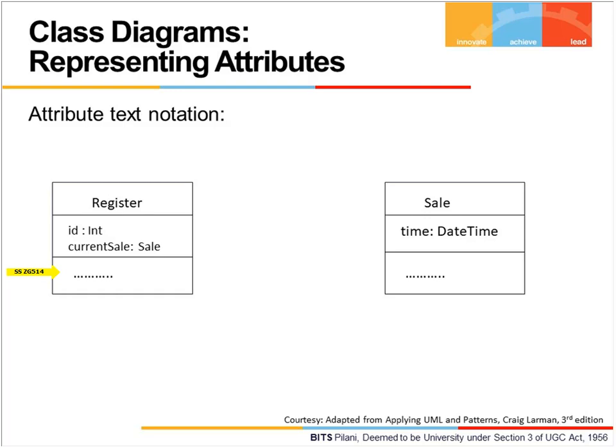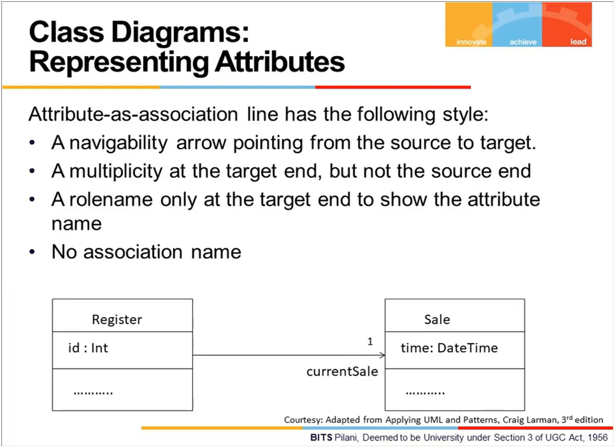So I'll come forward to this slide. Here it represents that there is exactly one instance of the sale object in the register class, right? I will take up the next slide where you will have another example of multiplicity and you will be able to understand in a much better way.